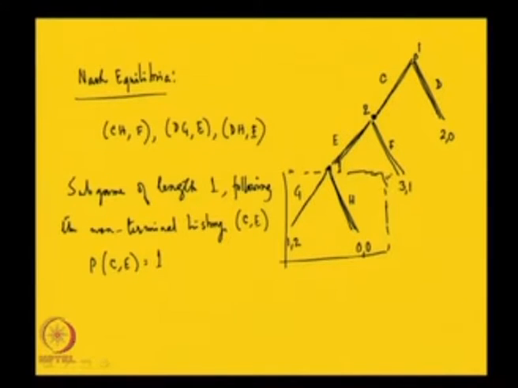Optimal for 1 is obviously G. So, G is the optimal action for 1 after the history CE. This we are taking as given, and then we go backwards to the subgame of length 2.